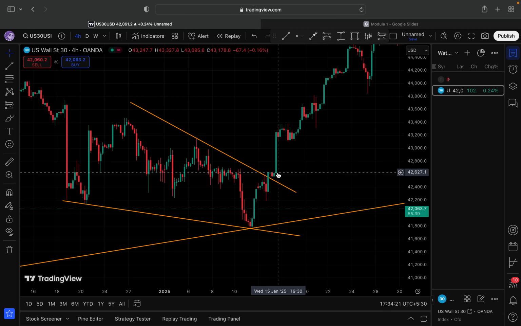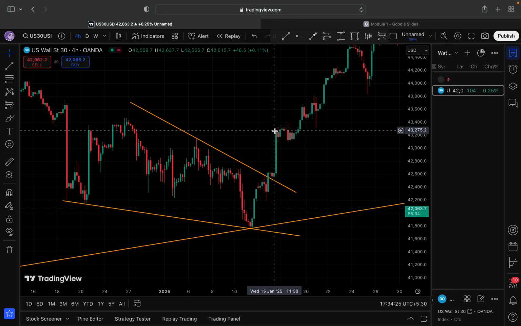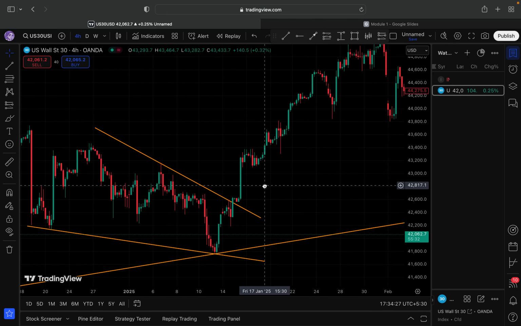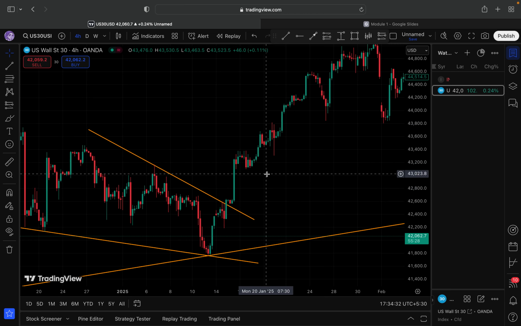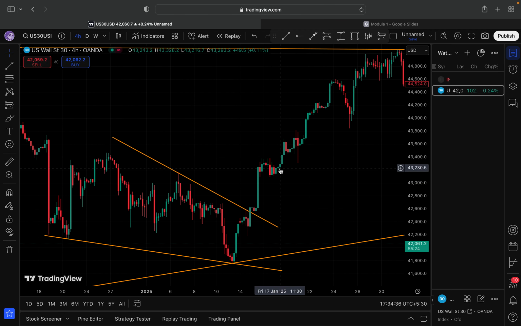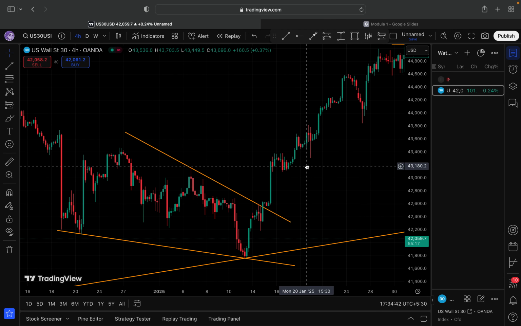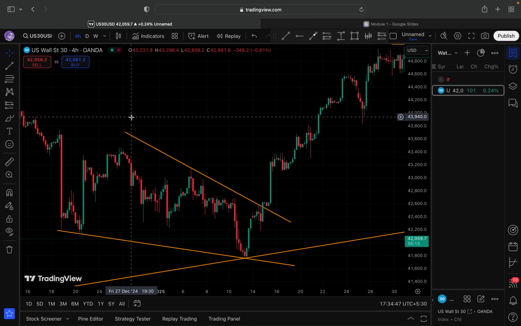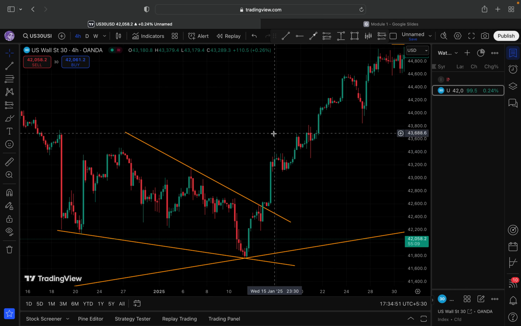After tightening, CPI came, we bought, it pumped, and you'll find out that in between there were still other continuation patterns which gave more entries for traders. So all I'm saying is respect what the market is doing, respect what you see, because when there are about 3 confirmations in a trade, you can't stop price from doing what it's about to do.